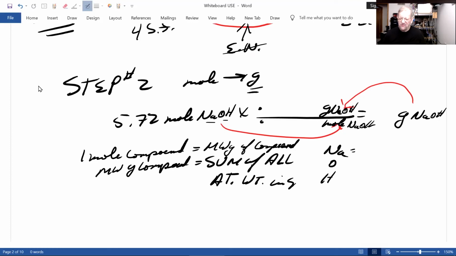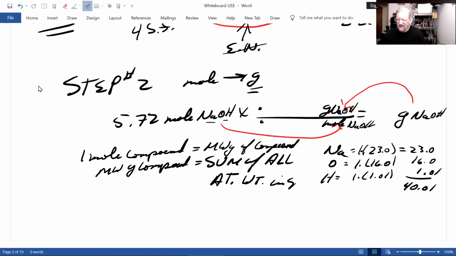Sodium is 1 times, if you look at the periodic table, to 3 significant figures, 23.0. Oxygen, there's 1 of them, 16.0. Hydrogen is 1, and it's 1.01. Do the math, 23.0, 16.0, 1.01, add it up.